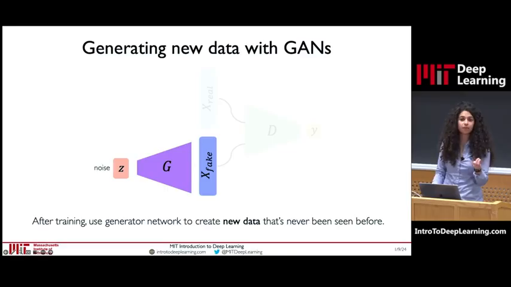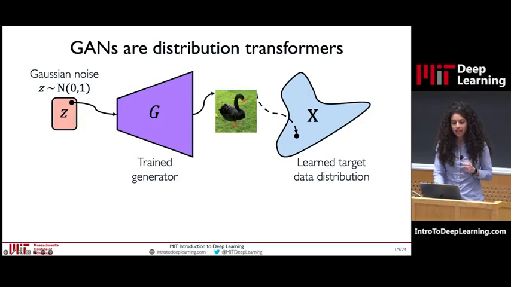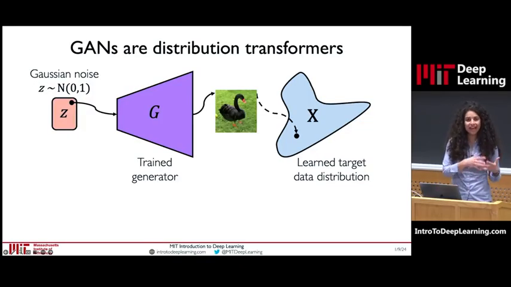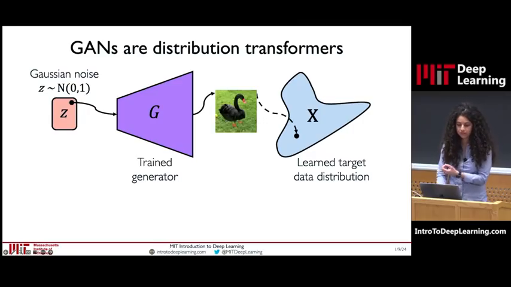And here, sample means just picking different points from the initial distribution of random noise. And so the concept here is that the GAN is effectively learning a transformation of a distribution, moving from Gaussian noise, pure random noise, to this learned target distribution.